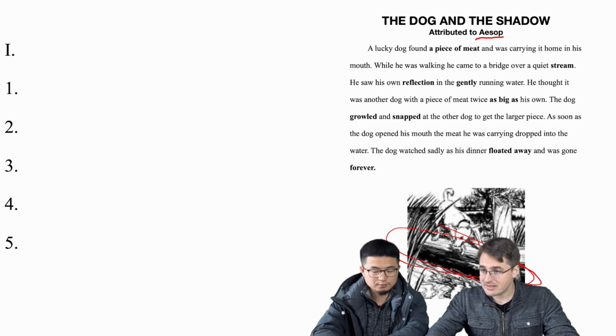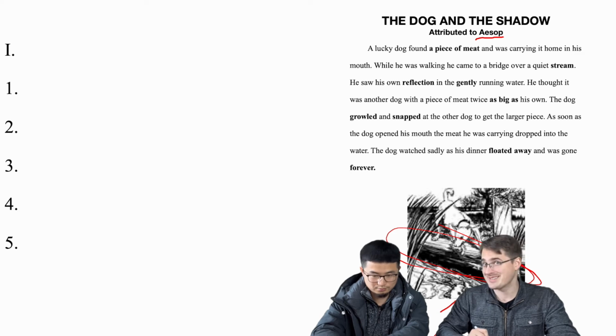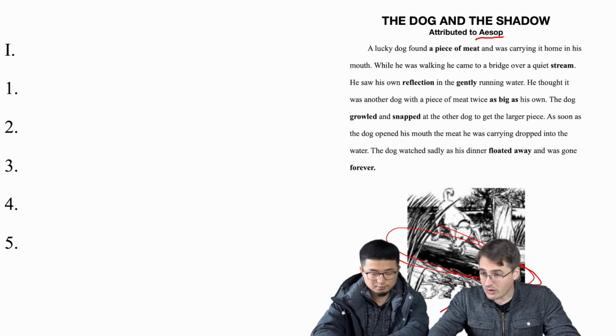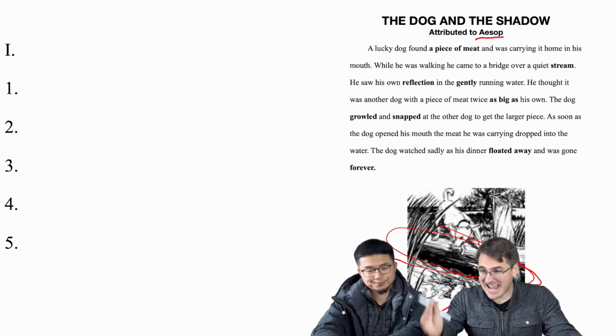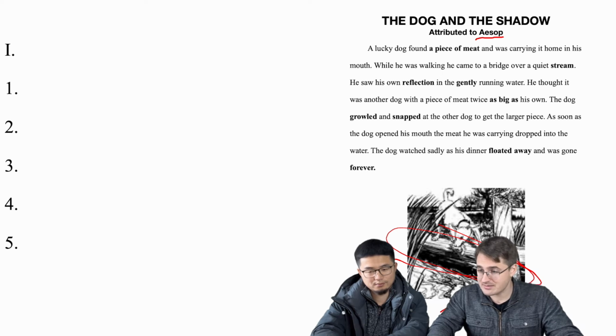He thought it was another dog with a piece of meat twice as big as his own. You can see here's the reflection of the other dog. He doesn't think it's a reflection. He thinks it's a real dog. The dog growled and snapped at the other dog to get the larger piece.